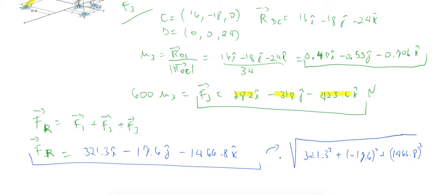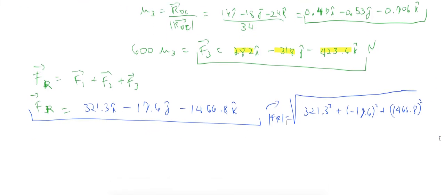So this is just the magnitude of FR, because that's what they're looking for. So that's the square root of the previous answer squared plus 17.6 squared plus 1501.7.